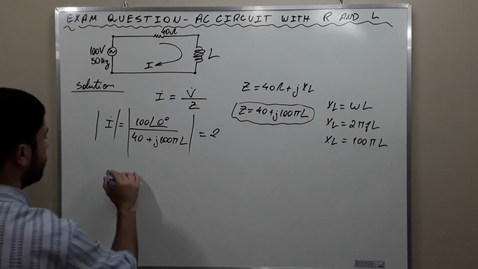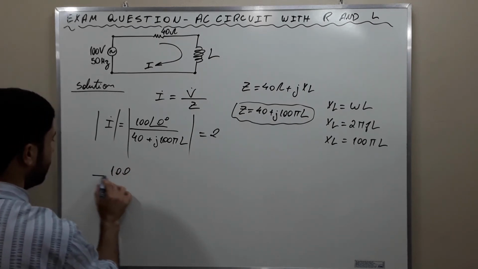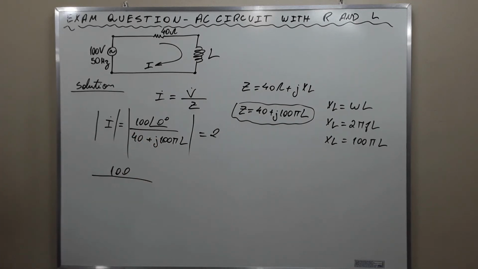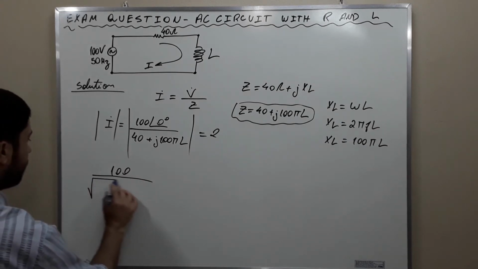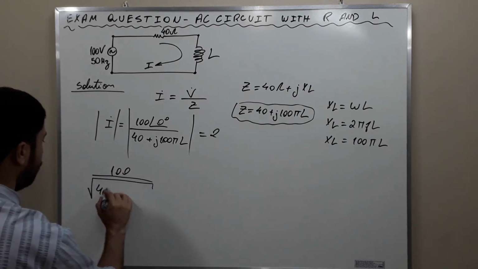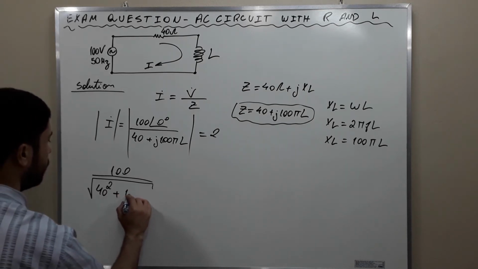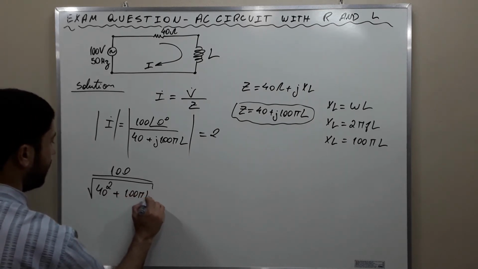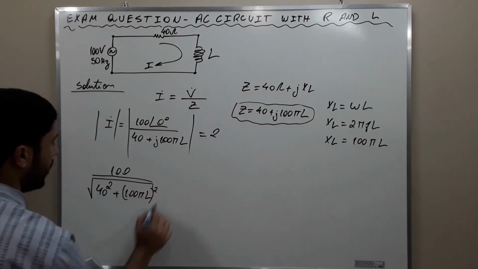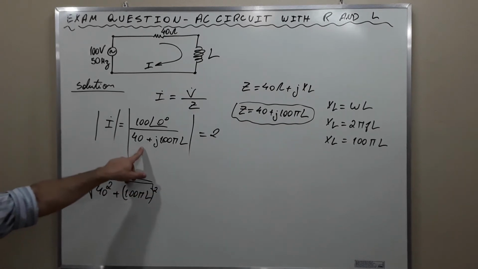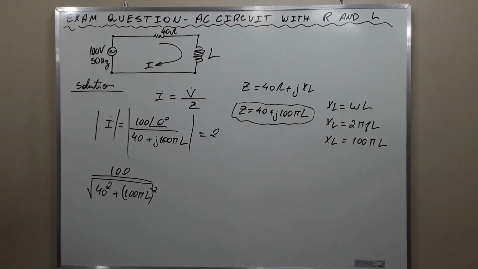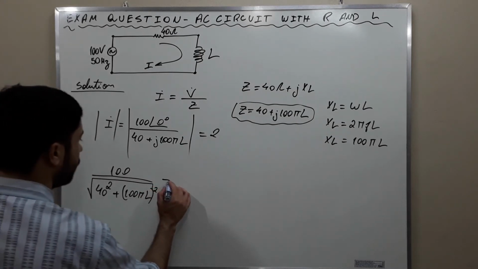The magnitude of this is 100, because the magnitude of 100 is 100, and the magnitude of the denominator is the square root of 40 squared plus 100 pi L squared. This is the magnitude of the denominator, and this has to be equal to 2.